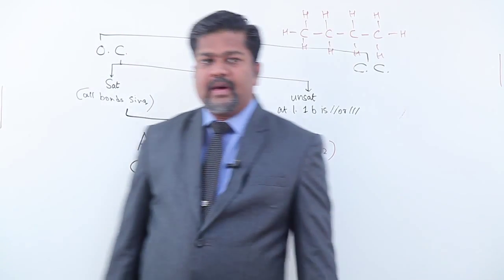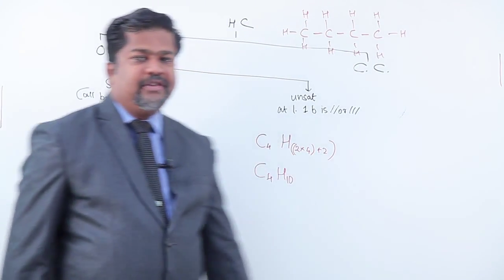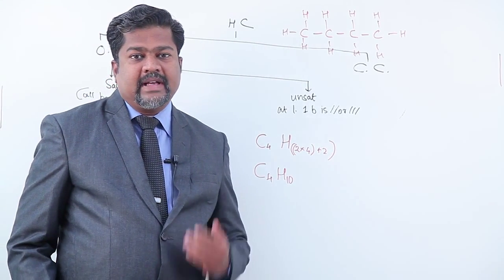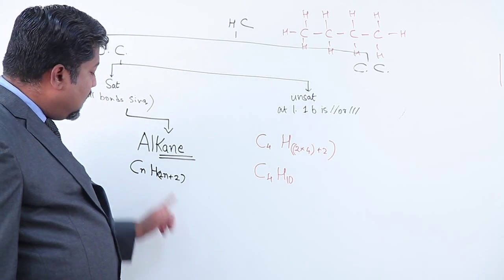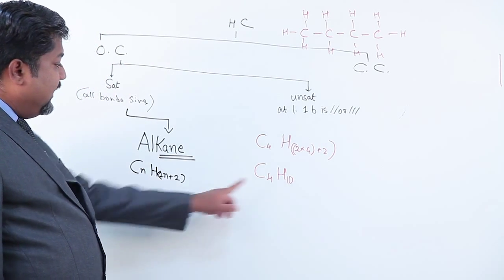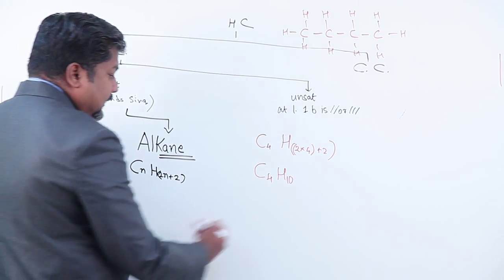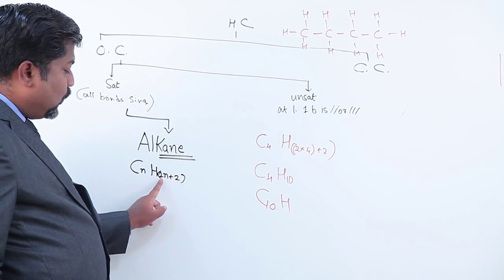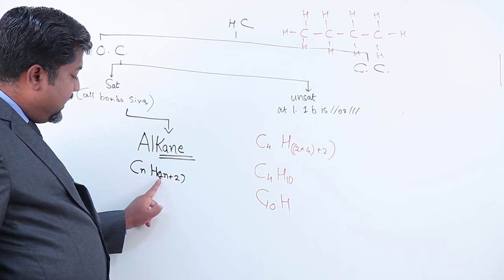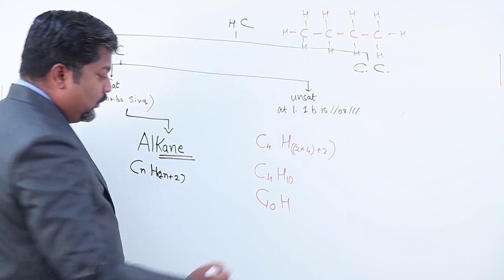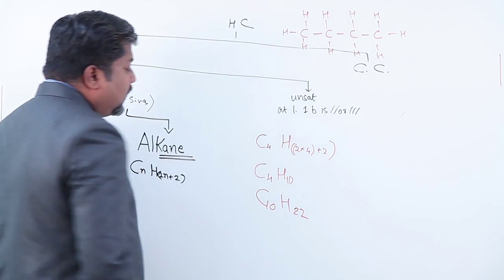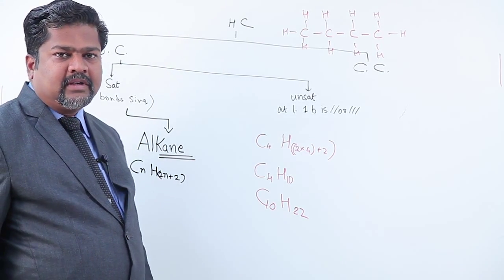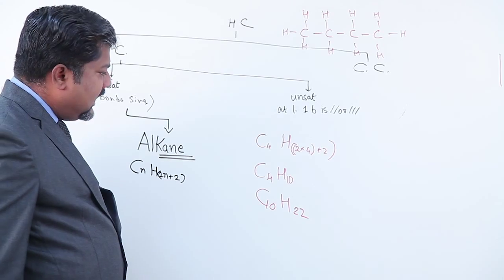Now this type of variety is there. We can check out any carbon number. Say carbon 10, the number of hydrogen. So here I should write C10. Hydrogen should be 10 into 2, that is 20, plus 2, that is 22. So the hydrogen number should be 22. So like that, a series of carbons is there, which we are calling alkanes.